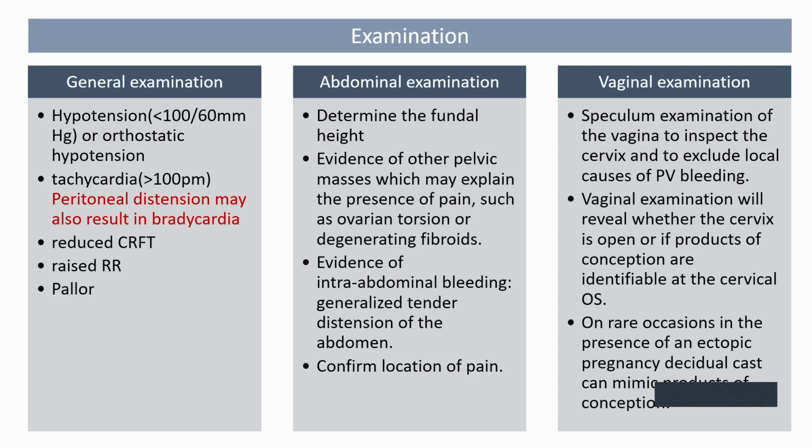The speculum examination will give us some idea about the cervix and any other local causes of PV bleeding, such as polyps, cervical edema, or cervicitis. The vaginal examination will give us other features, such as cervical motion tenderness, and sometimes the patient may have bilateral or unilateral adnexal tenderness.